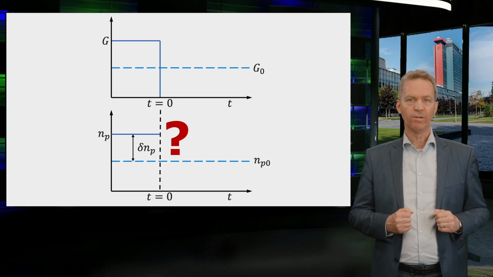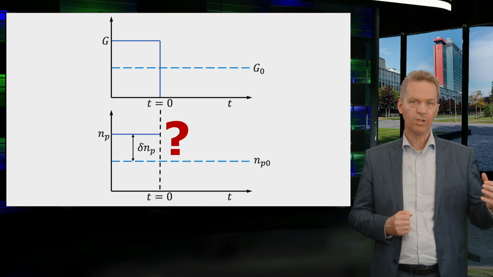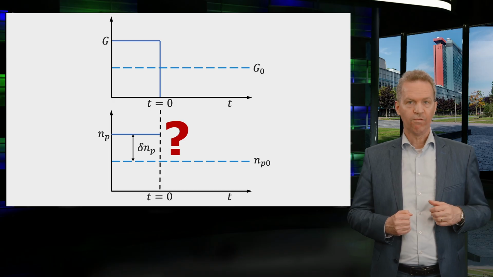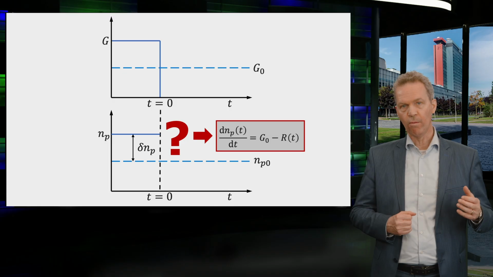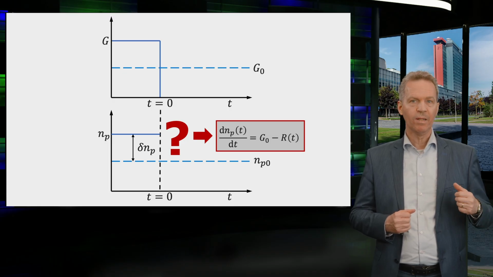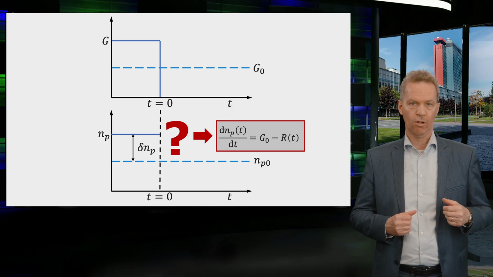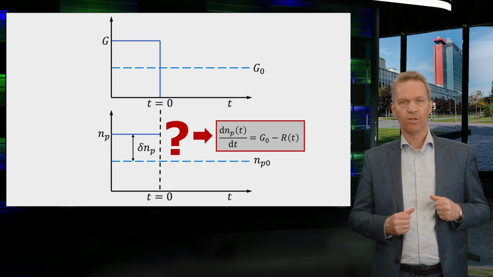Therefore, we look for the derivative of the electron concentration with respect to time. The rate of change of the electron concentration is determined by the thermal generation, which is the gain term, and the recombination rate R, the loss term. Let's work this equation out in somewhat more detail.